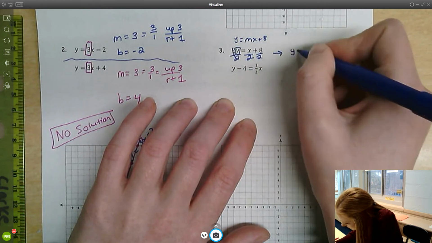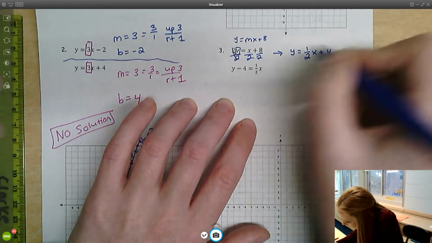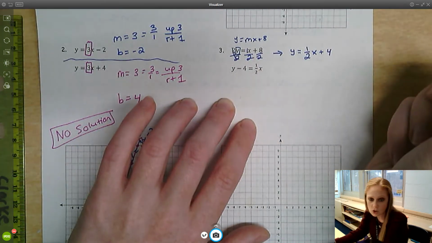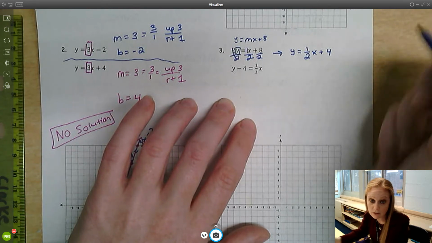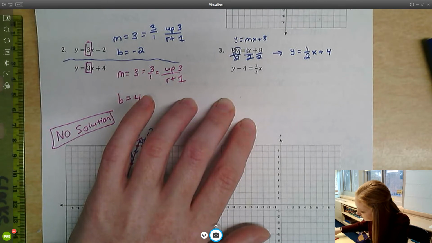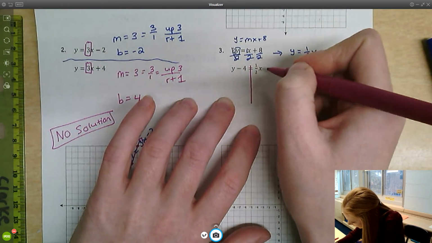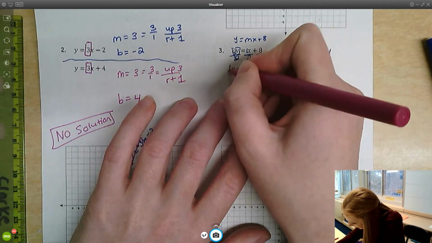So now we're going to have y equals 1/2 x plus 4. Because this is a 1 in front of the x, so that's just 1 divided by 2, which we're going to leave as a fraction, 1/2 x plus 4. Okay, let's rewrite our second one. We need to get our y all by itself.